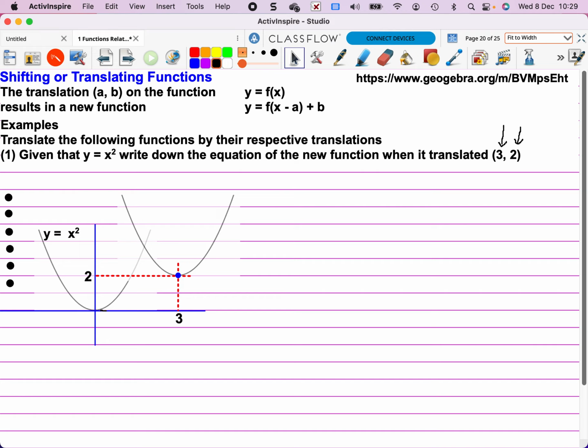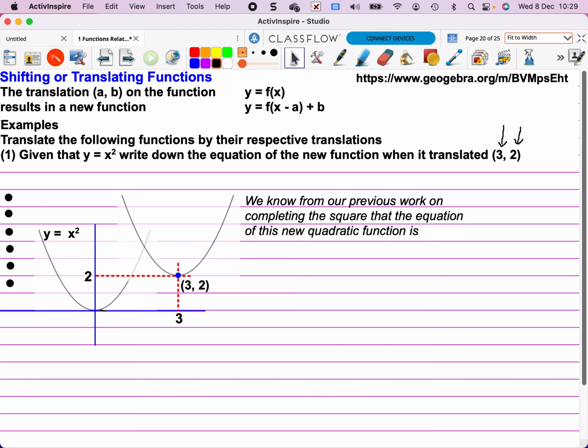Once it's done that, we can label the vertex of that point, which is (3, 2), and consequently we know from our previous work on completing the square that the equation of that is y is equal to (x minus 3) all squared plus 2.